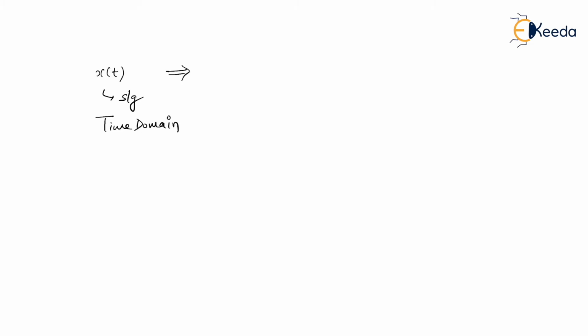Let us assume its frequency domain looks like this. So I'm assuming this is the frequency domain of this signal. Since I want to transmit this signal, I would rather call it a message signal. So omega m and minus omega m are basically its message frequency or signal frequency.